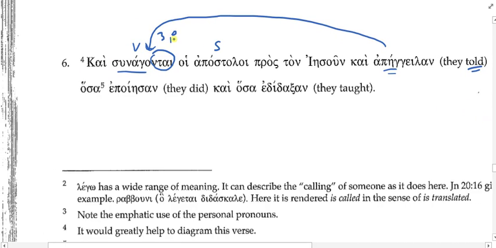Look at hosa right here. That's hostis. You see the alpha there, hosa? What's that from? What does that alpha tell us? This is telling us it's neuter plural.